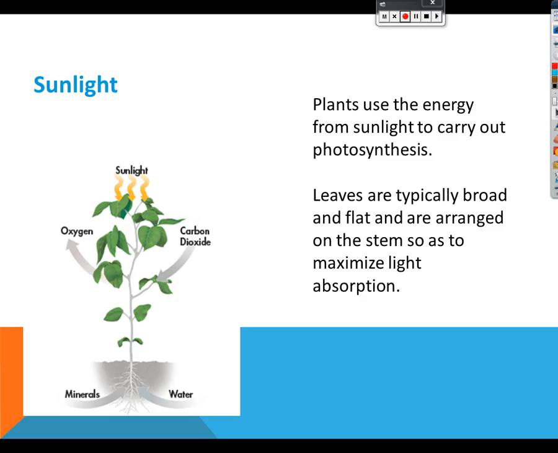The greater the surface area, the more photosynthesis the plant can go through. So the leaves are typically designed in a way to provide the plant with enough surface area so that it can go through as much photosynthesis as needed for that plant to grow.